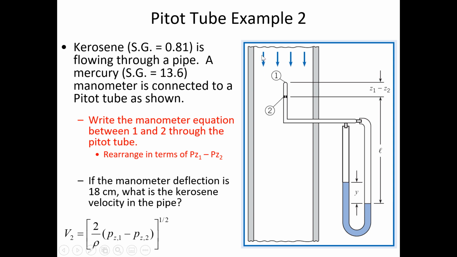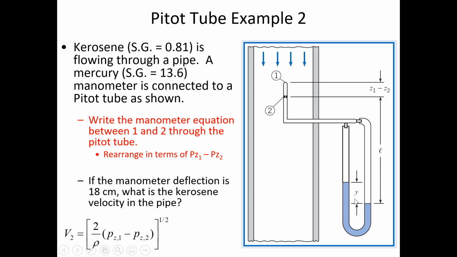The kerosene is flowing downward through the pipe, so it's not horizontally oriented anymore. Rather than just using the pressure, we need to substitute in the difference in piezometric pressure. And we're using mercury as the fluid in the differential manometer.